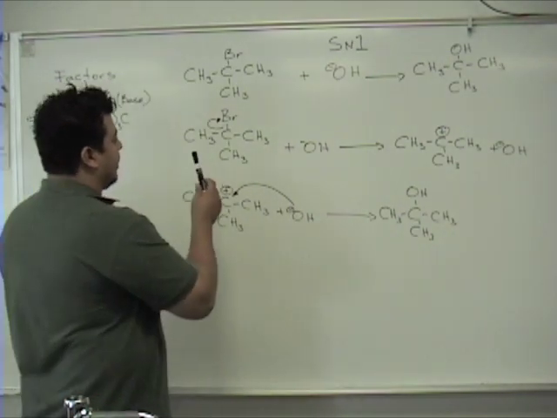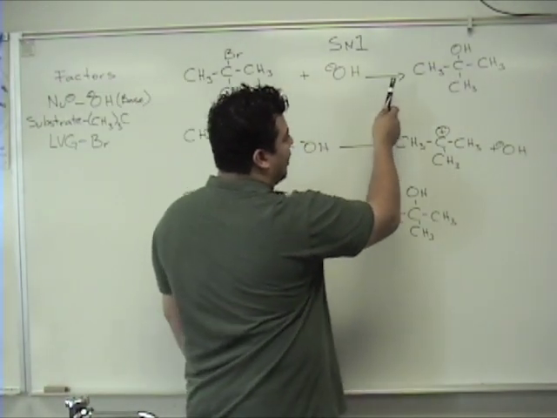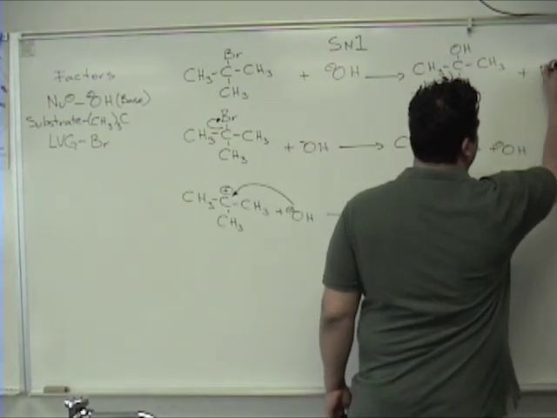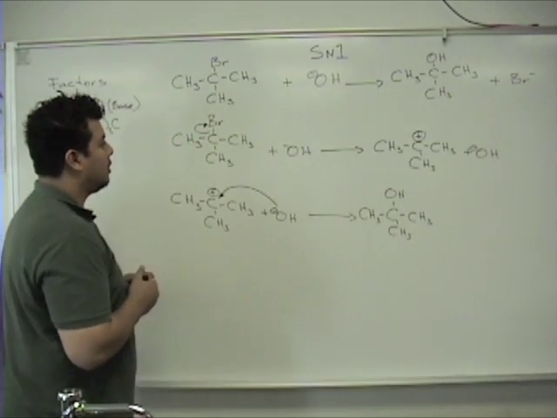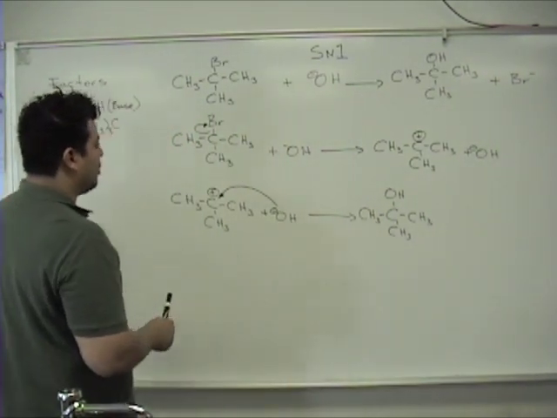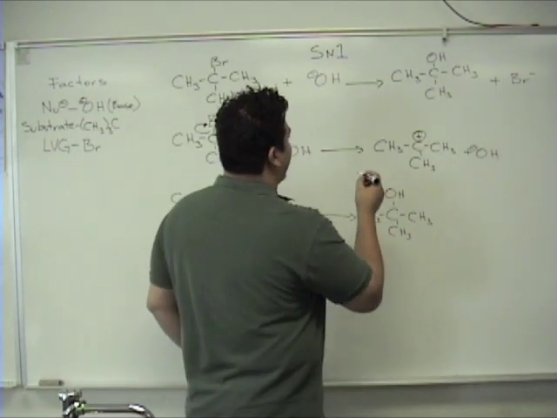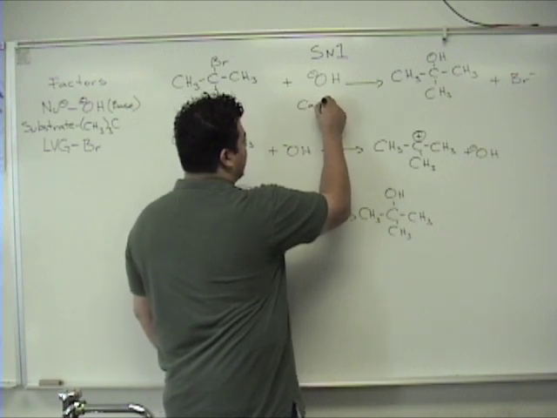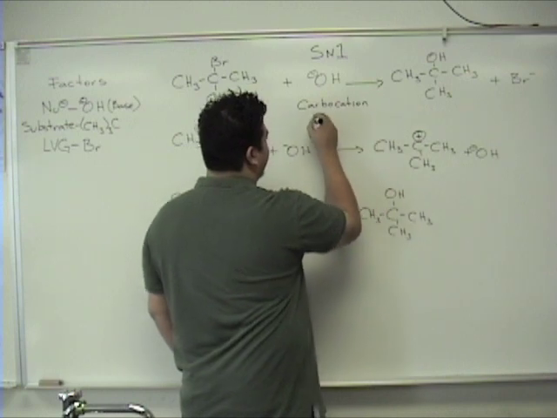So let's see what happens here. You have this molecule plus a nucleophile, you end up with that molecule and your leaving group there. So how did this happen? SN1, what I need you to remember about SN1 is that it is a carbocation intermediate.